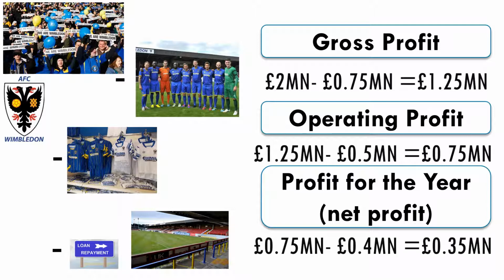If we imagine those exceptional items are £400,000, our final profit for the year would be the operating profit, £750,000, minus the interest payments, £400,000, to give us a final net profit of £350 million. And for the avoidance of doubt, this figure is before the business has paid tax. So any corporation tax will be paid on this amount.